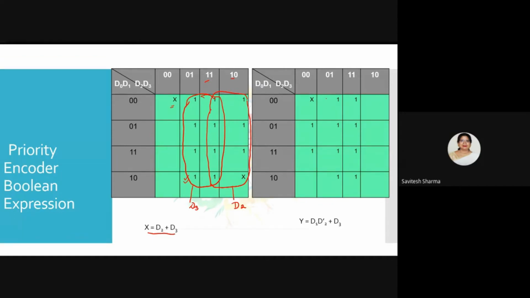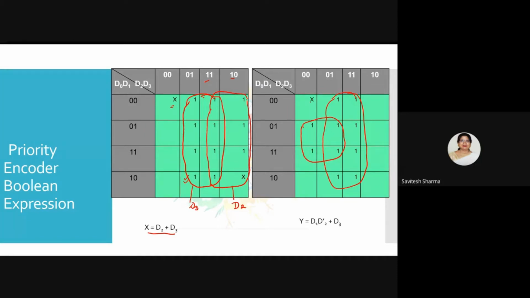Now come to this K-map. Here again one octet is forming, and one quad is forming. For these quad and octet, I will write the expression.